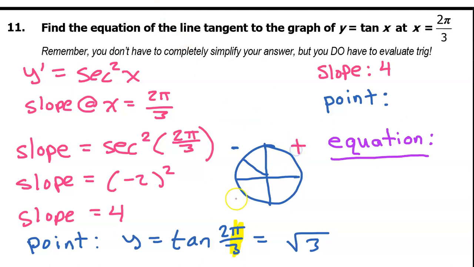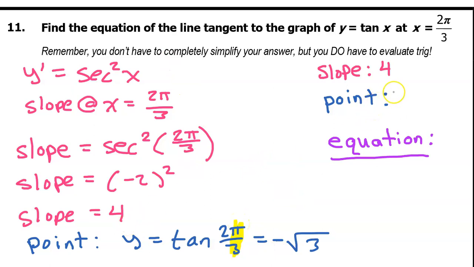Tangent is positive in the first and third. Tangent is negative in the second and fourth. So because tangent is negative in the second quadrant, tangent of 2 pi over 3 is negative radical 3. So now I can write the point. I already had the x value of 2 pi over 3, and now I found the y value, which is negative radical 3.